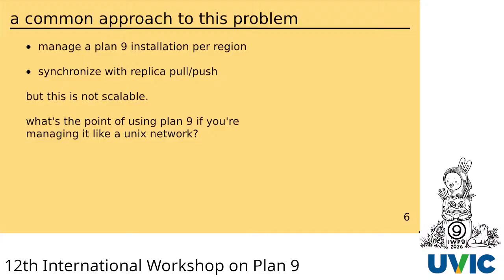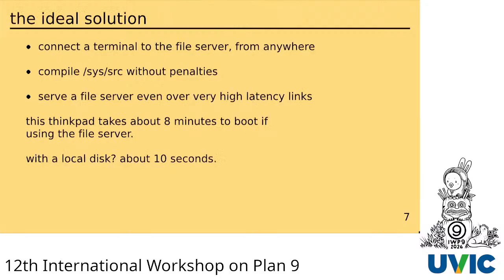If you are using multiple machines on your Plan 9 grid, this begs the question: what's the point of using Plan 9 if you have to keep separate installations if you want to access the same files remotely? So ideally, I should be able to connect to my server from anywhere I want, and if I want to compile the system source, I should be able to do so as if the server was local.